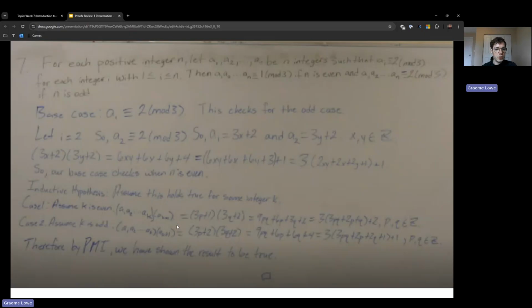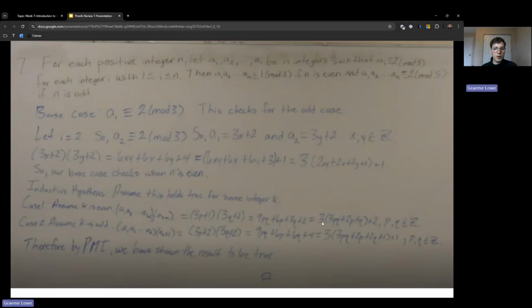Since k is even, k plus 1 will be the odd term in this case, so we can look at this form over here, which is equivalent to 3 times an integer plus 2, or 2 mod 3. And we can show for this case 1 that an odd k plus 1 is congruent to 2 mod 3.